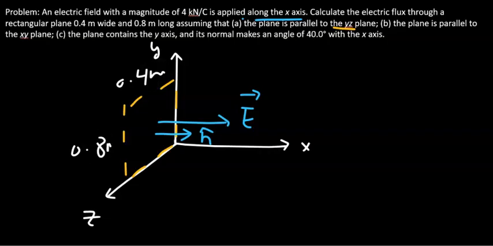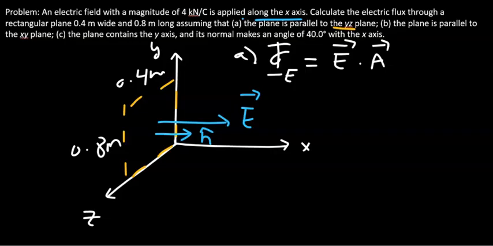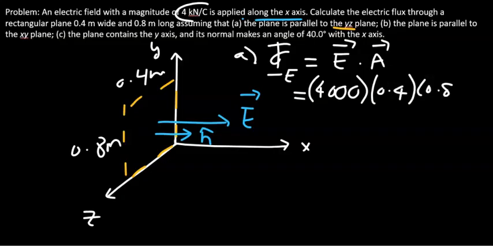So the electric flux can be calculated easily. It is given by the dot product of the electric field vector and the area vector. So the electric field magnitude is 4 kilonewton per coulomb. That means it's 4,000 newtons per coulomb times the area. The area is 0.4 times 0.8.